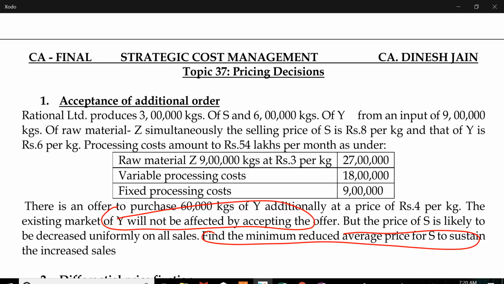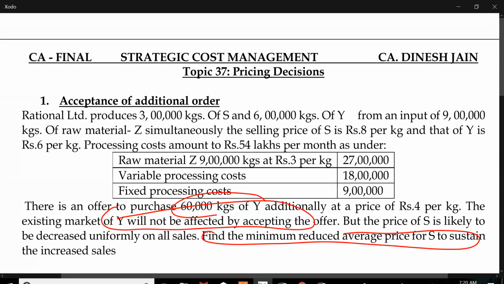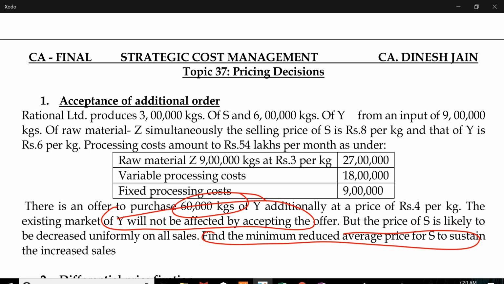Tomorrow, it is going to become 6,60,000 of Y and 3,30,000 of S. This 330 plus 660 combination cannot lead to a fall in profits. At best, give me the same profit. If profits are going to come down, I'm not going to take up the order. That is what the concept is.